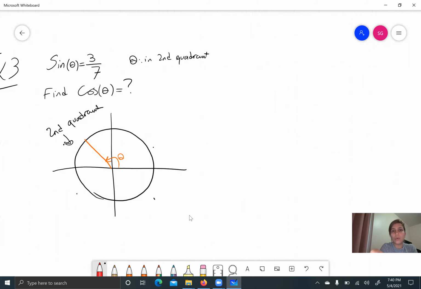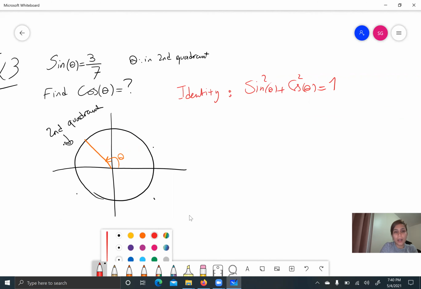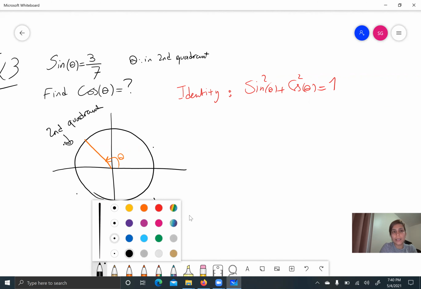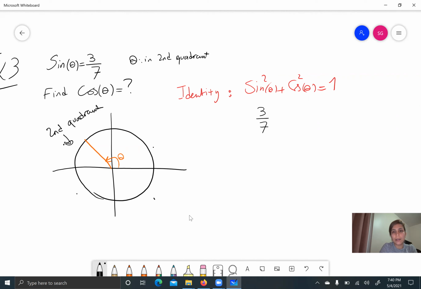The trig identity says that sine square plus cosine square equals 1. And here I know the value for sine. Sine is 3/7. So (3/7) square plus, I don't know the cosine, so I'm just gonna copy that, equals 1.